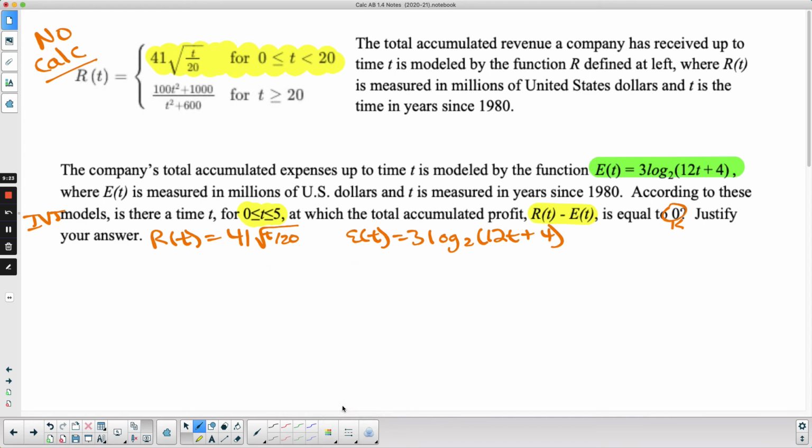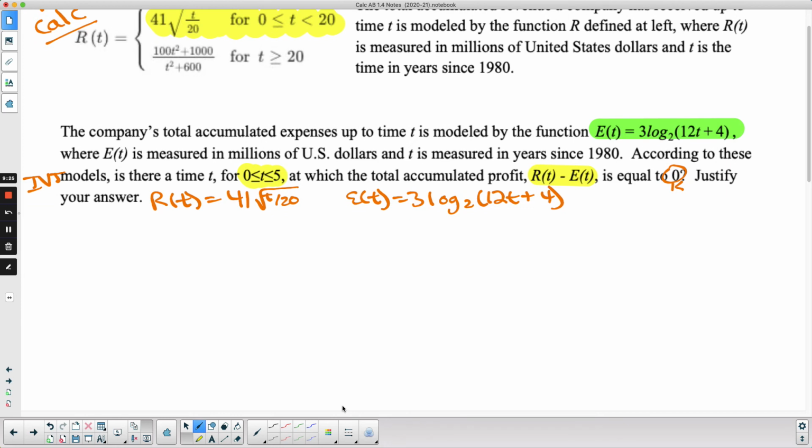First, we have to show that our function R of t minus E of t is continuous. So first step: is R of t minus E of t continuous on the interval 0 to 5?